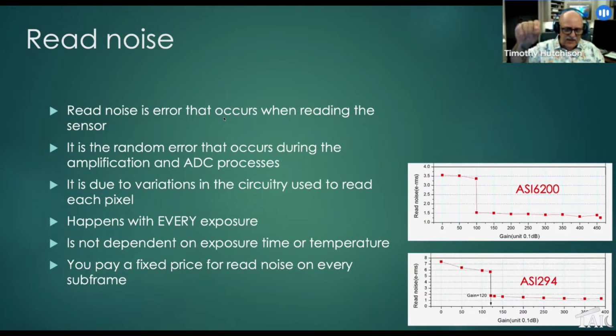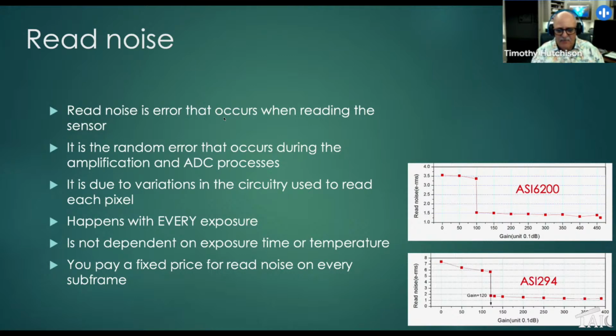So we take this value that might go from, I don't know, 0 to 1 volt, and we convert that to a number from 0 to 65,535. That's what analog to digital conversion is, right? And it's not perfect. The amplification isn't perfect. The analog to digital conversion process isn't perfect. And that imperfection is what we refer to as read noise, right?